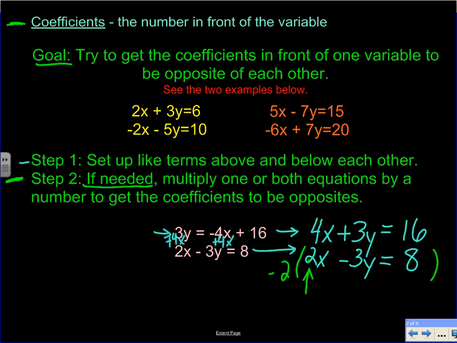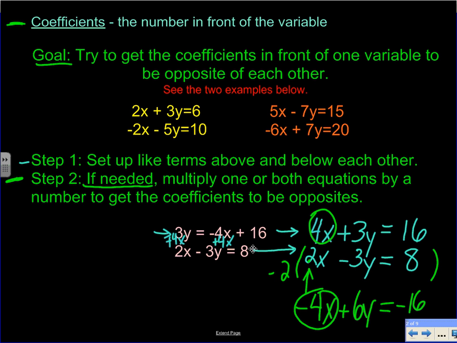If you multiply the bottom equation by -2, so -2 times 2x is a -4x, and -2 times -3y is a +6y. And then -2 times +8 is a -16. And you notice here how now we have a +4x and a negative 4x, and those are opposites of each other.